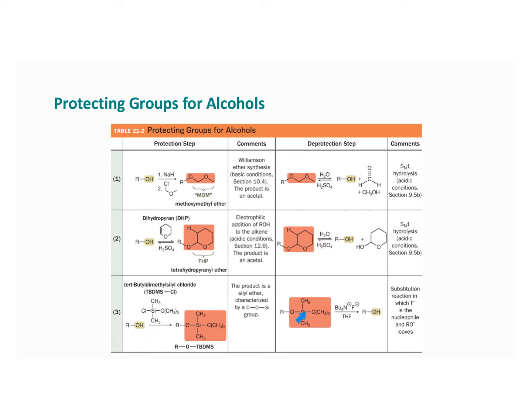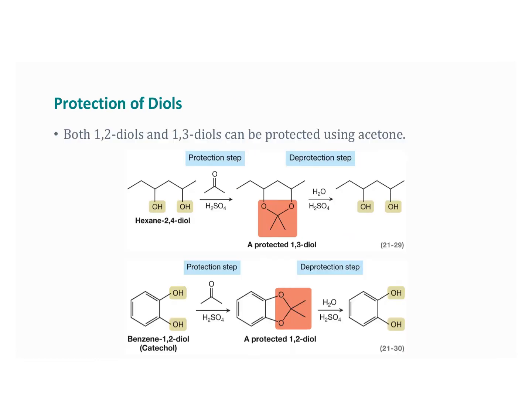And then entry 3 should be avoided if the molecules have other sites that are nucleophilic or will react with fluorine. The reason for this is that in the deprotection step, this is a nucleophilic substitution reaction where fluorine attacks the silicon. Okay, so just some things to avoid there.